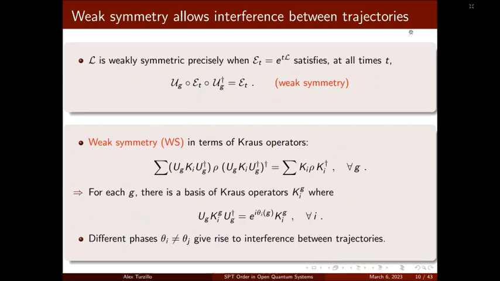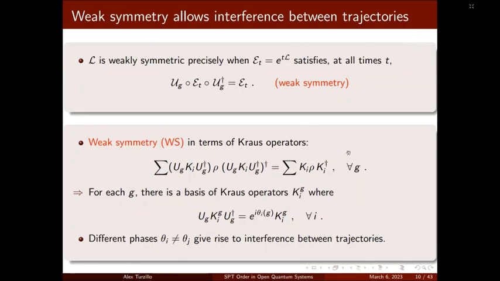So let's write out the weak symmetry condition in this language. First of all, I originally wrote the weak symmetry condition in terms of the Lindbladian. In terms of the channels that it generates, the weak symmetry condition looks like this. Written out in terms of Kraus operators, we get this first line in the bottom box.